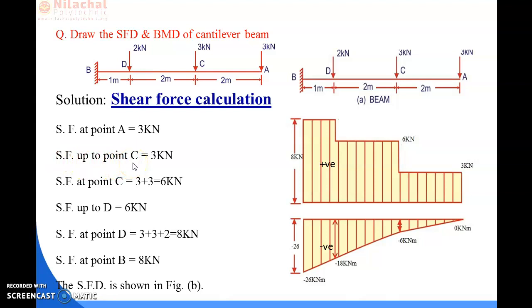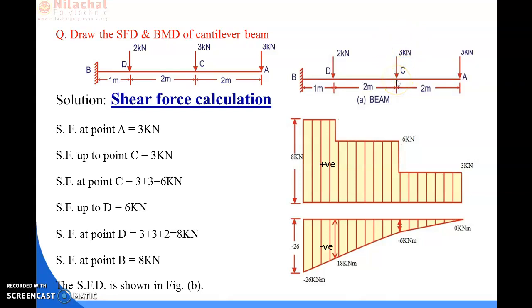Now comes the shear force at point C. While calculating the shear force at point C, we need to consider the loading at point C. You can see at point C, the loading is 3 kilonewton.